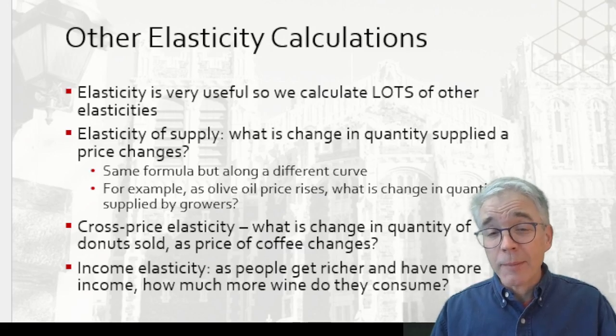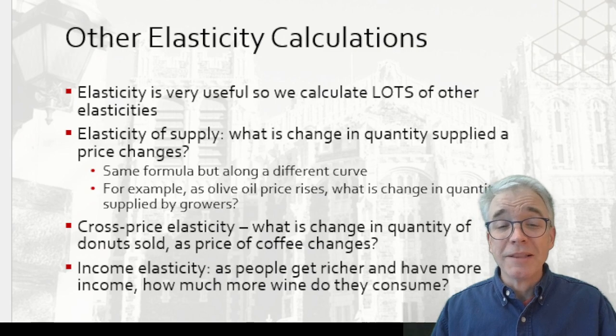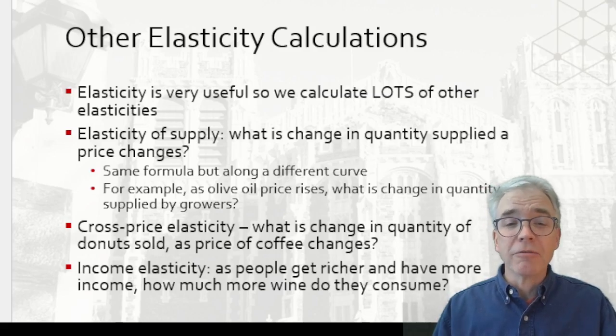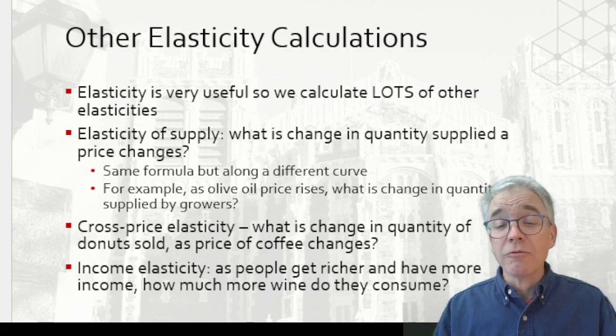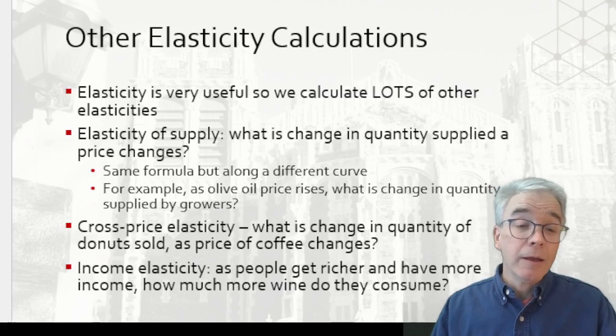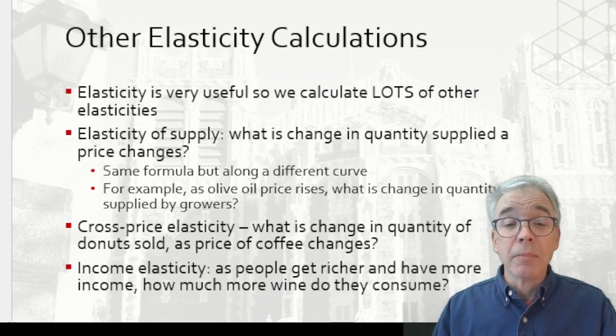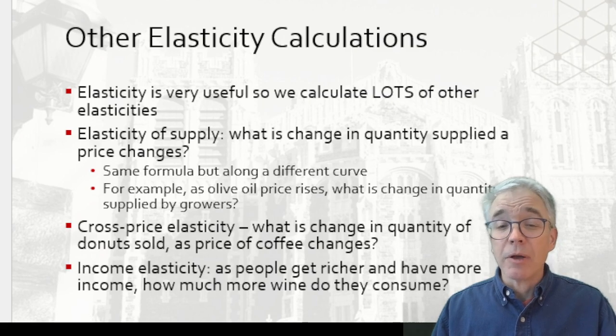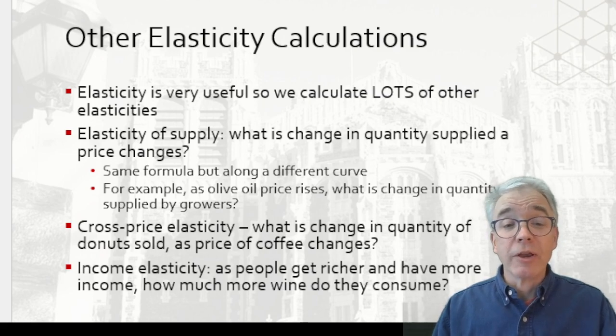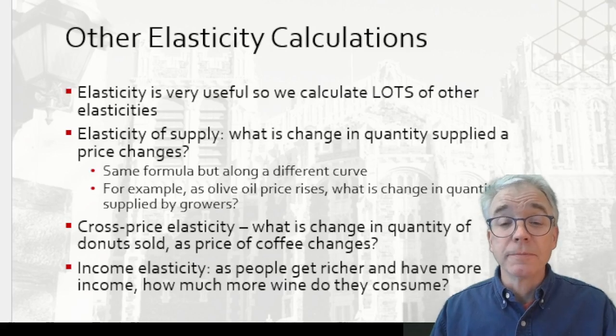So we've been talking about elasticity of demand, but there's also elasticity of supply. Instead of looking at changes along the demand curve, we look at changes along the supply curve. For example, olive oil prices rise. How much more olive oil will be produced? Now, obviously, that depends on time. In the short run, maybe not much more. In the long run, on the other hand, it might be more sensitive to price changes.